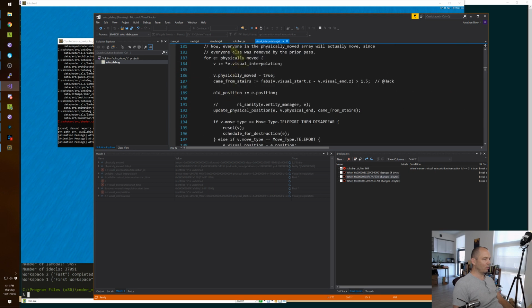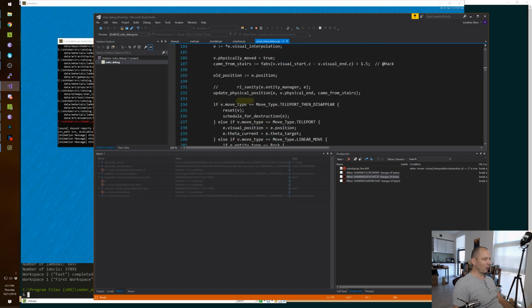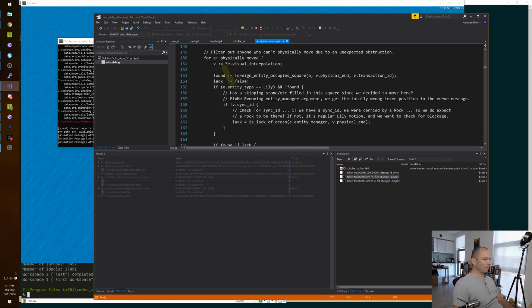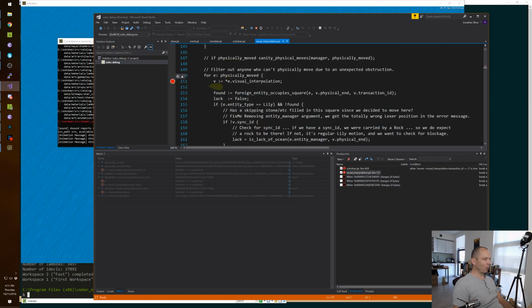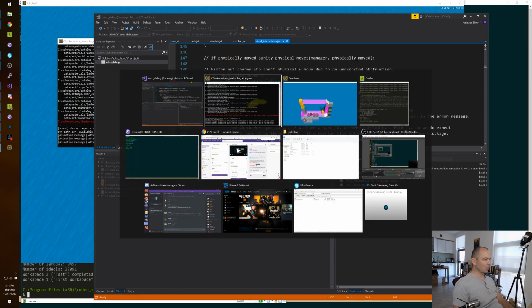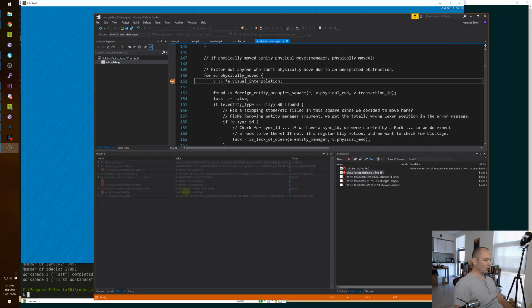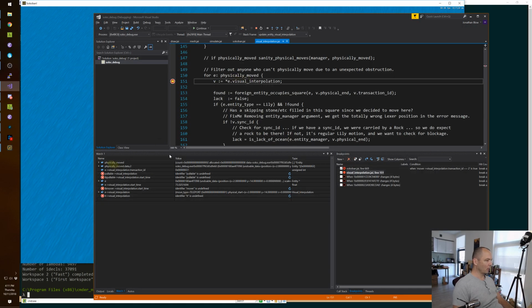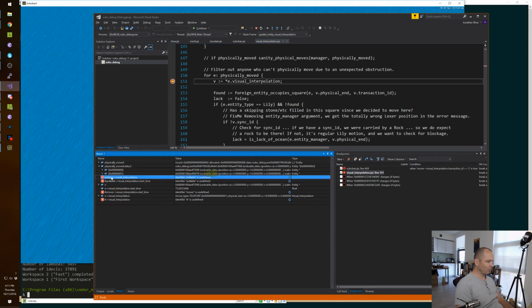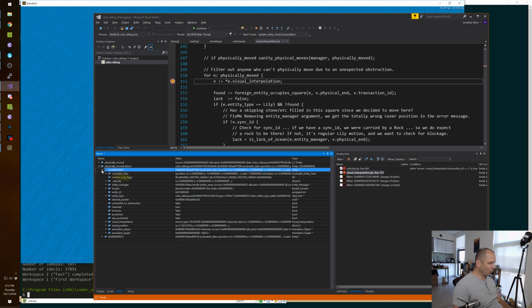Go into physically moved here, and actually we want to break here. All right, so boom. Physically moved has two things. Let's check them both. They should be going to the same square.